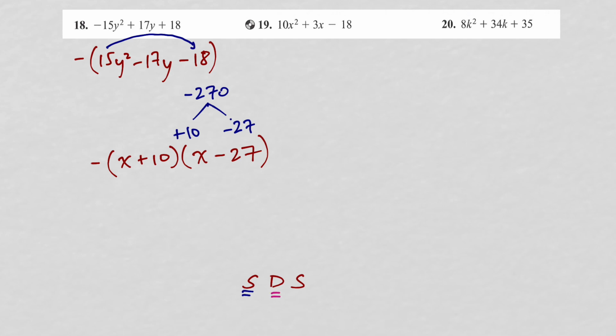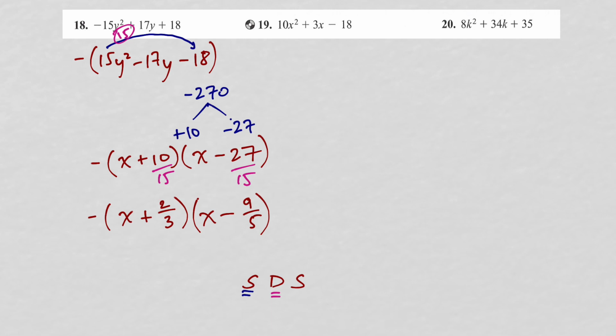And I slid over a 15. So I'm going to divide by 15, and then I'm going to reduce the fraction if I can. So this becomes negative. We have x plus, dividing by 5 gives me 2 over 3. X minus, dividing by 3 gives me 9 over 5.